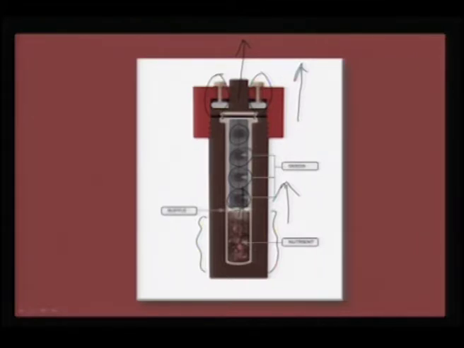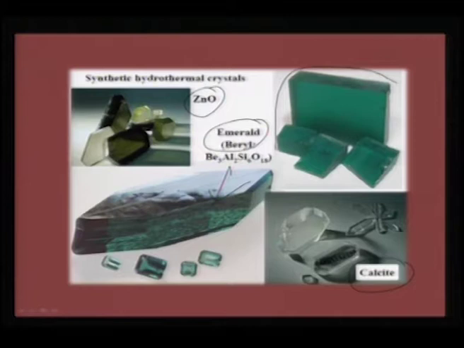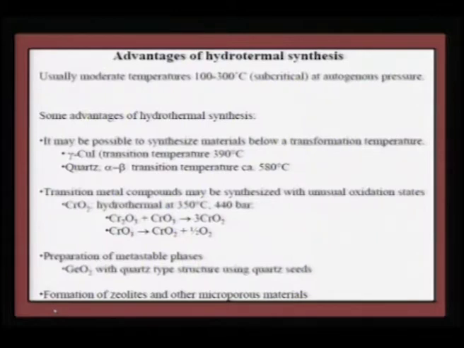Therefore, this is a real scale up process, and some of the hydrothermal crystals which have been grown in the past are zinc crystals, emerald crystals, and we also have calcite, calcium carbonate crystals grown using this procedure. As you can see, big size crystals can be engineered, it is not just for lab scale synthesis alone.